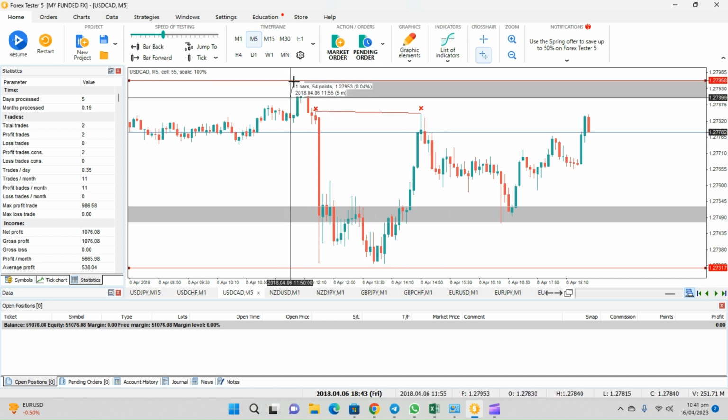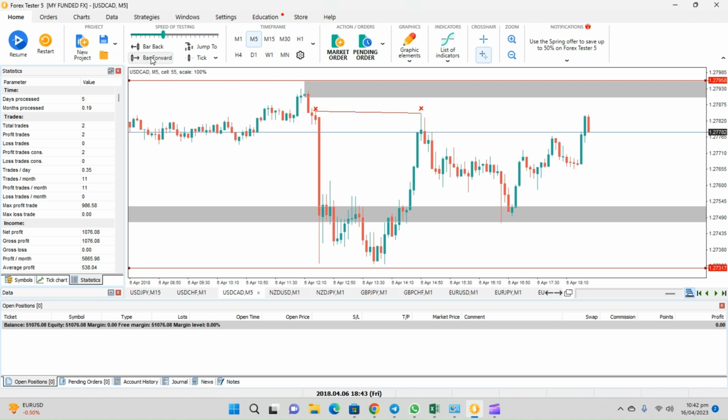Our risk is about 5 to 6 pips, and our target is about 60 pips. 60 pips divided by 5, that would be a 1 to 12 risk reward ratio.